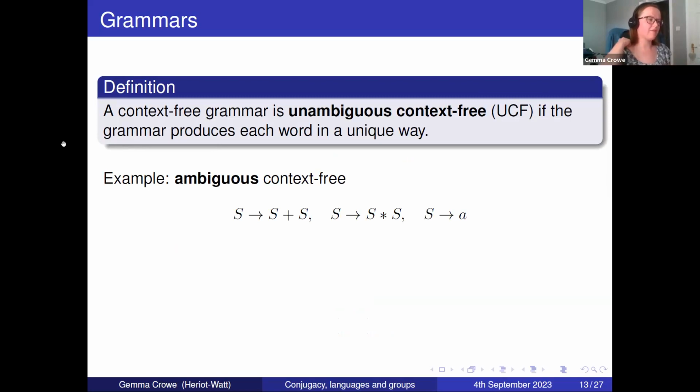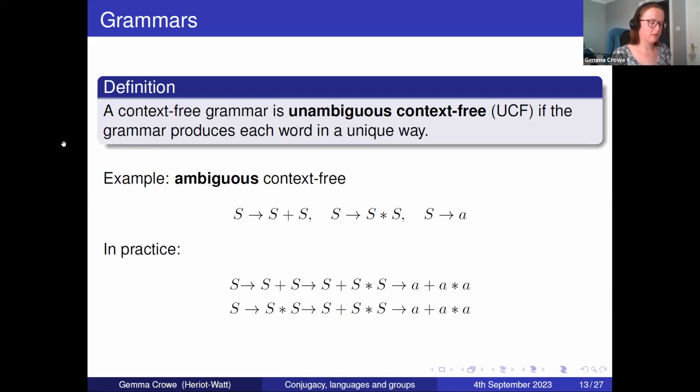So here I have start symbol S again, and I'm mapping towards A, plus and star. This is by no means the only example, but here we have two different ways that we can get to the word A plus A star A by using the different production rules. So this is an ambiguous context-free grammar.